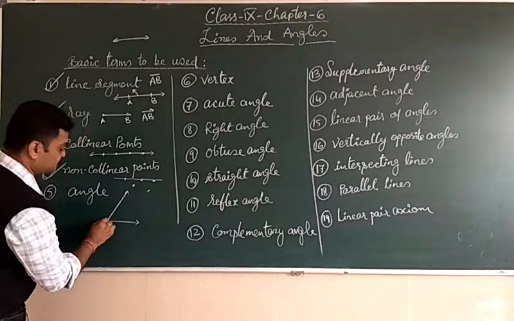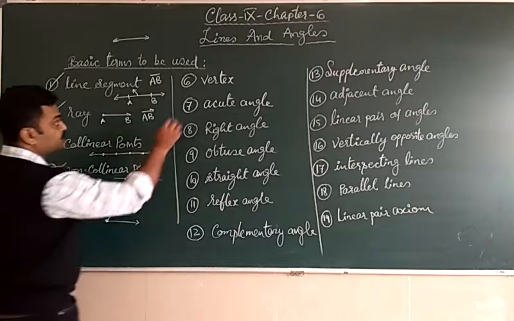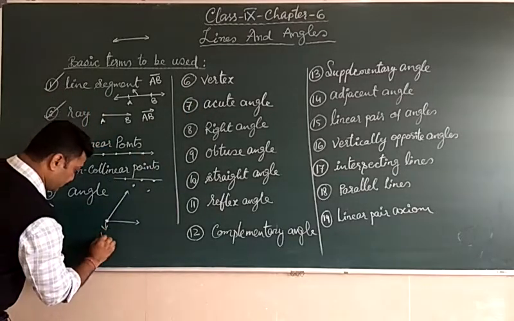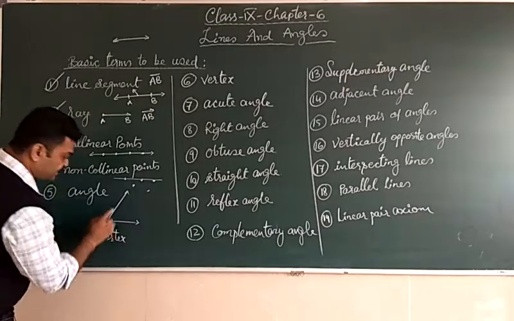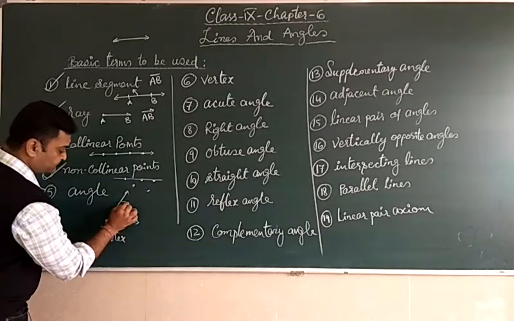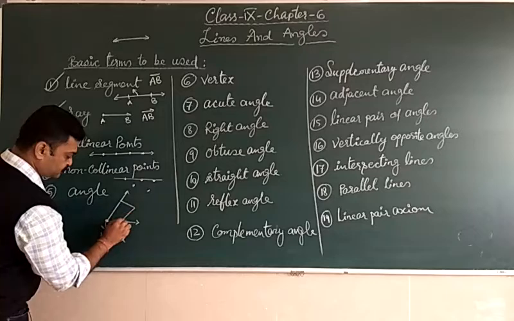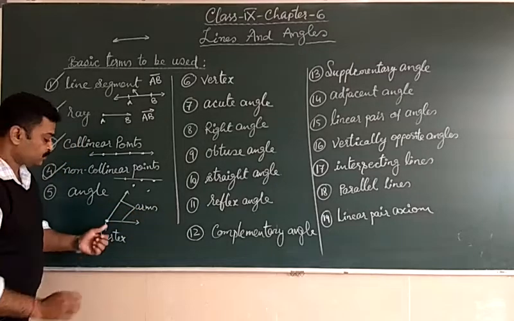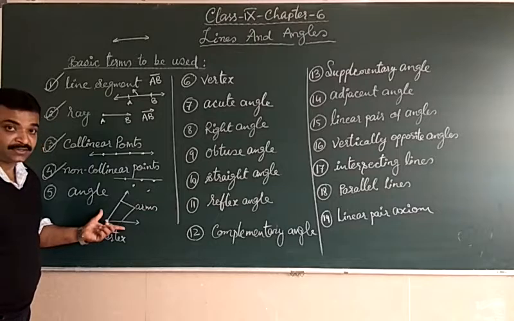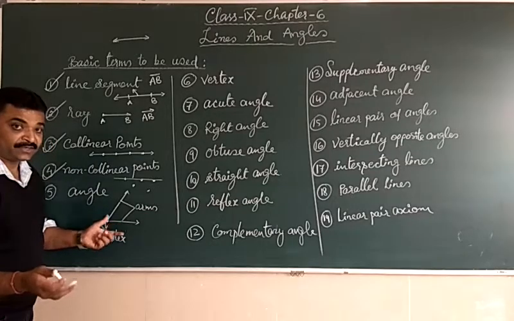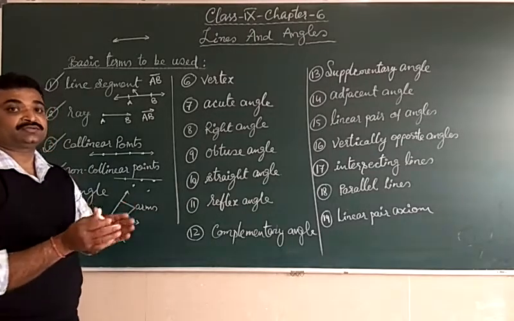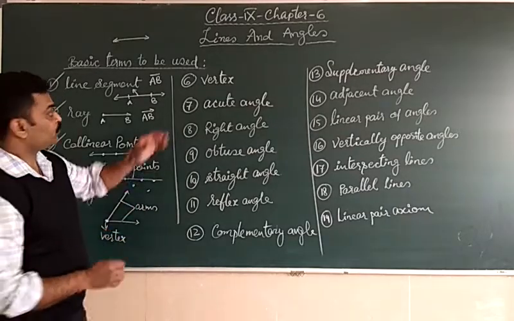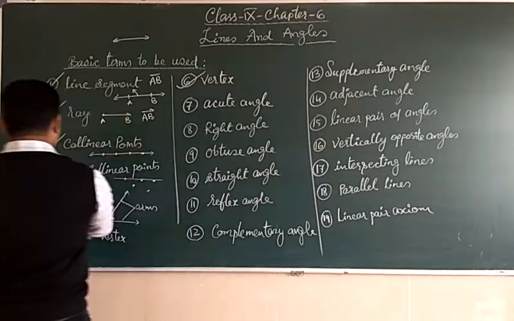This point is called the vertex, and these two are the arms. We can also say that the measurement of rotation is called an angle. Now vertex is clear, angle is also clear.